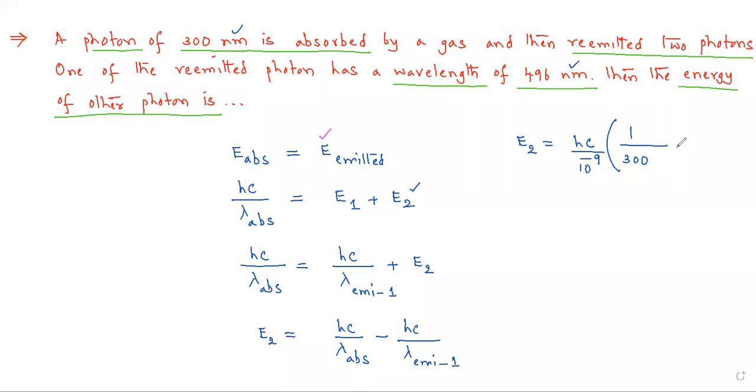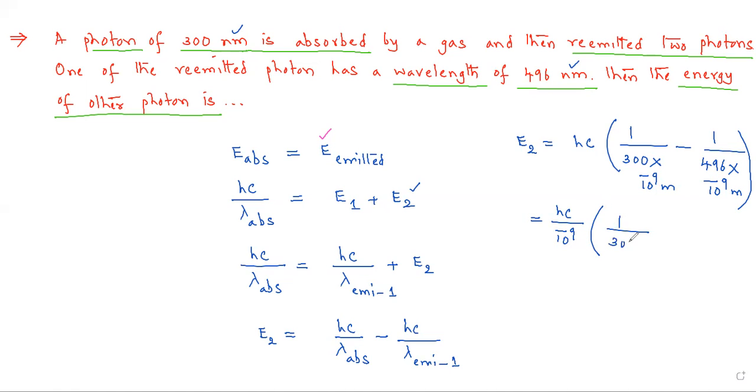So if you want, I'll write in 2 steps. Let us take it this way: 300 into 10 power minus 9 meters, this is 300 nanometers, minus 496 nanometers, again the same. So this is what I wanted: hc by, take 10 power minus 9 outside, so this will be 1 by 300 minus 1 by 496.